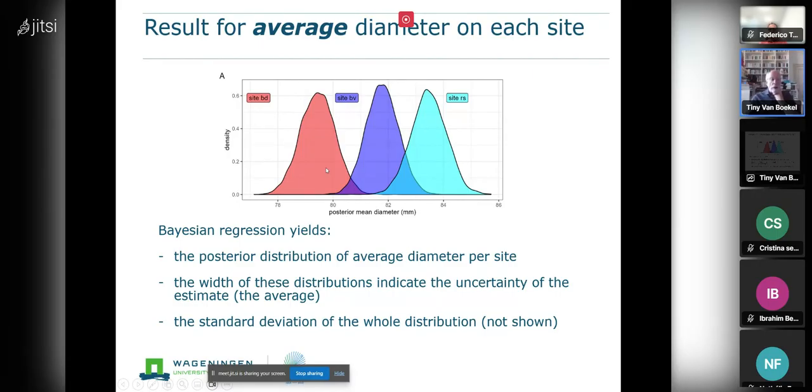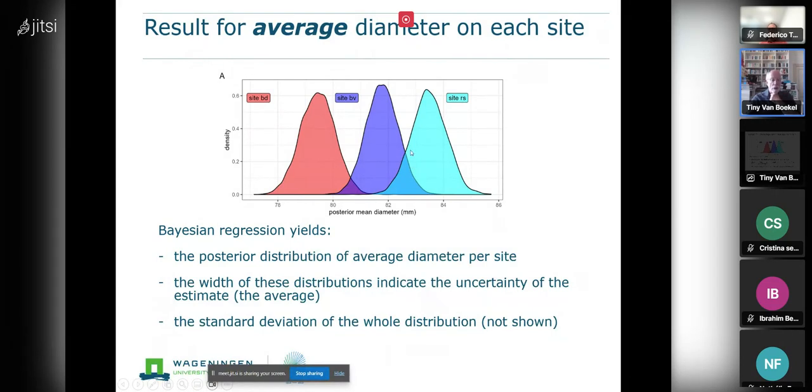Again, the width of these distributions indicates the uncertainty that I have about the actual value of the mean. I also learned about the standard deviation, which is not indicated here. This is the mean, not the whole distribution, but I also found out the standard deviation of the whole distribution.